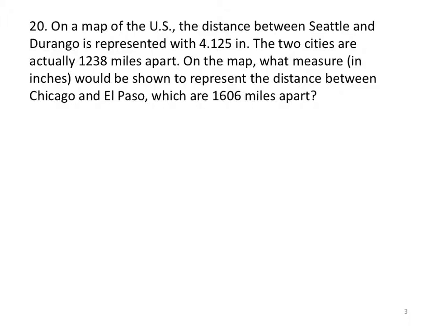In actuality, the distance between them is 1,238 miles apart. So that tells you that the 4.125 inches corresponds to 1,238 miles. So now, if you're given another distance, you could tell how many inches it will look like on the map.